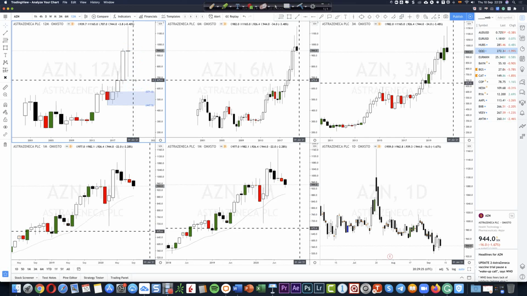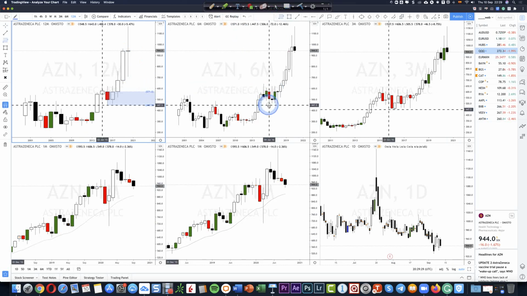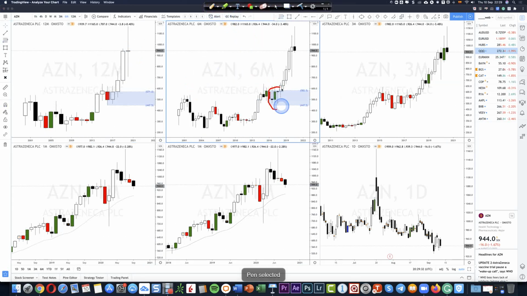On the 6 months we've got a similar area down there. This one area here is nested within here. Pin bar, 6 months as well, not good, both bearish and bullish.